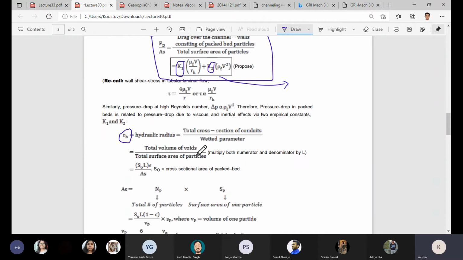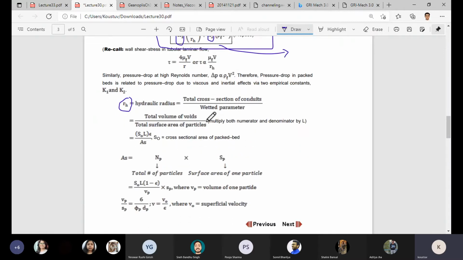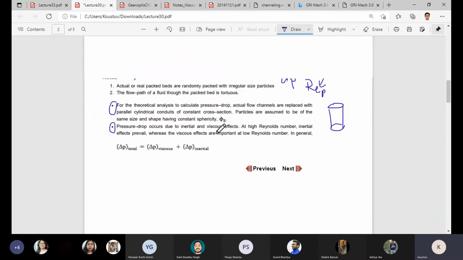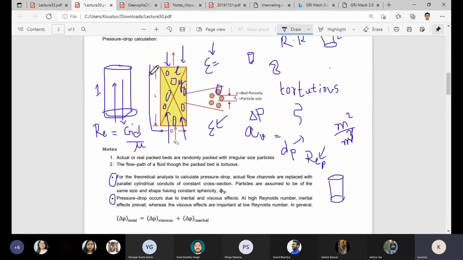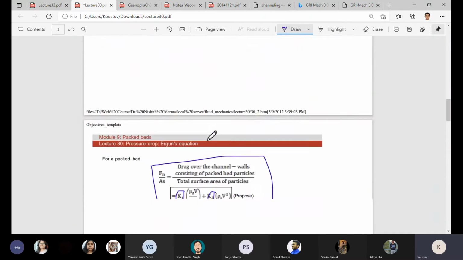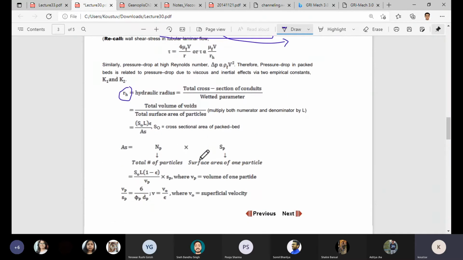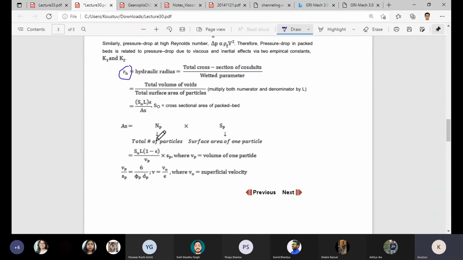In the case of hydraulic radius, we write this expression as the cross section of the conduits divided by the wetted perimeter, and then we multiply both by the length of the bed. Suppose this is the length of the bed, L, and then this goes to this kind of expression. You will find that we introduce the surface area of one particle.